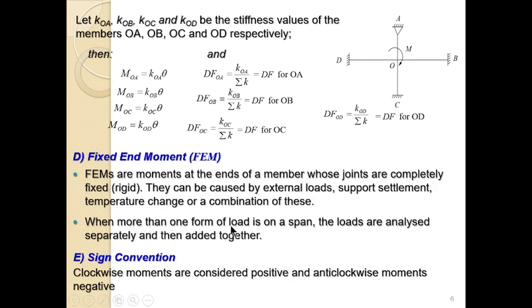When more than one form of load is on a span, the loads are analyzed separately and then added together to find the fixed end moment. And in this our course, our sign convention will be as follows. Clockwise moment will be considered positive, while anti-clockwise moment will be considered negative.